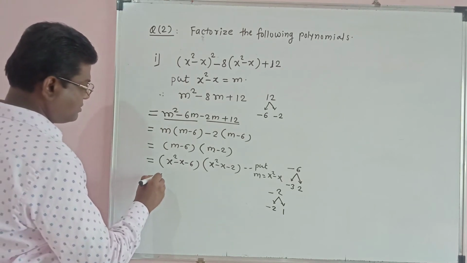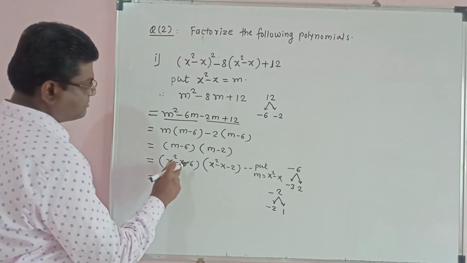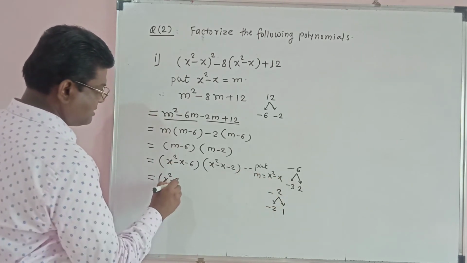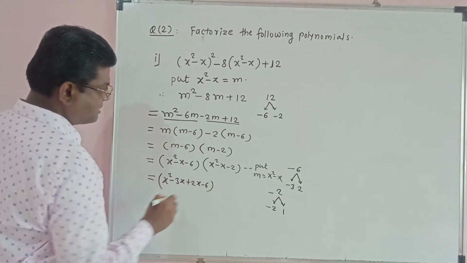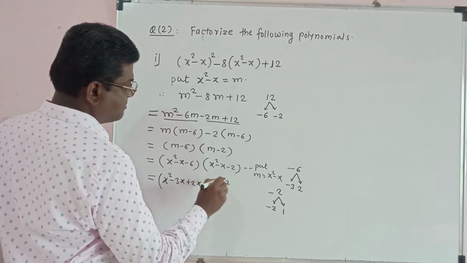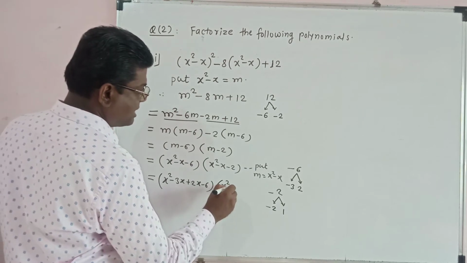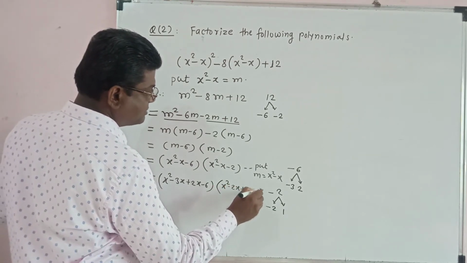So we can write x square minus 3x plus 2x minus 6, and in another bracket x square minus 2x plus 1x, that is x minus 2.